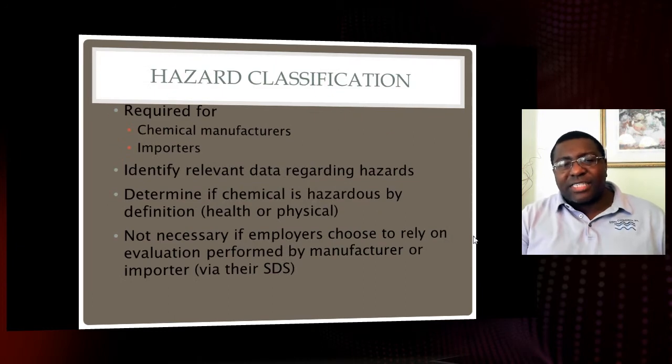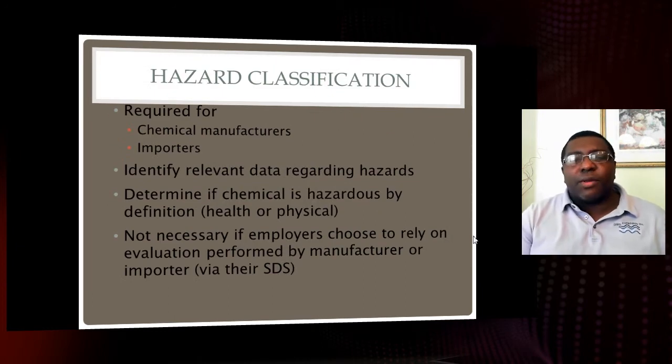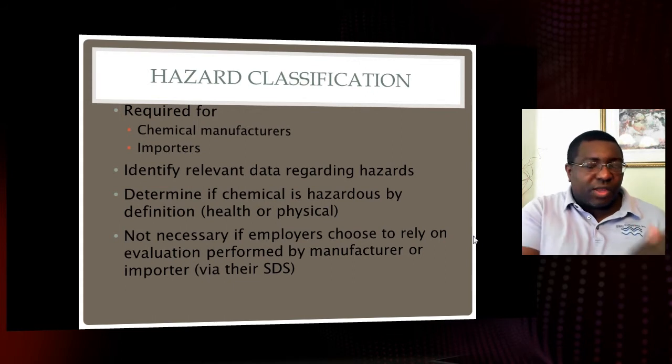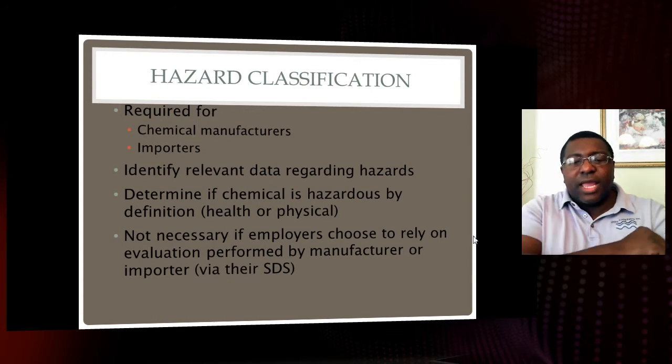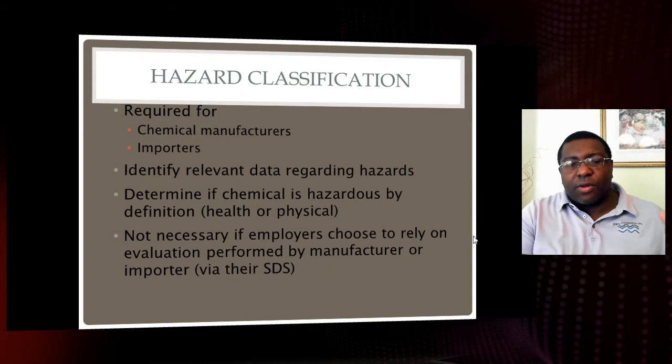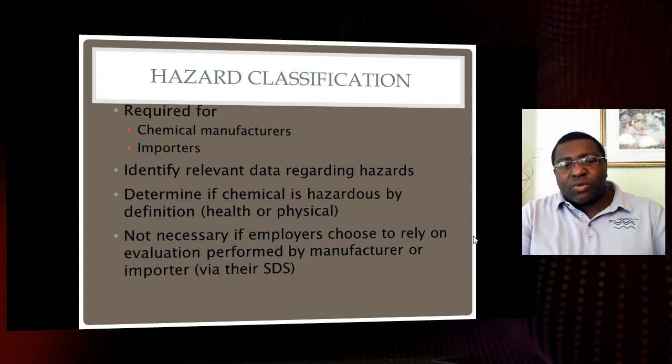The hazard classification is required by the chemical manufacturers and the importers, and it identifies the relevant data regarding the hazards. It determines if the chemical is hazardous, or if it's either physical or health hazards, and then it'll give you your SDS, which is supplied by the manufacturer.